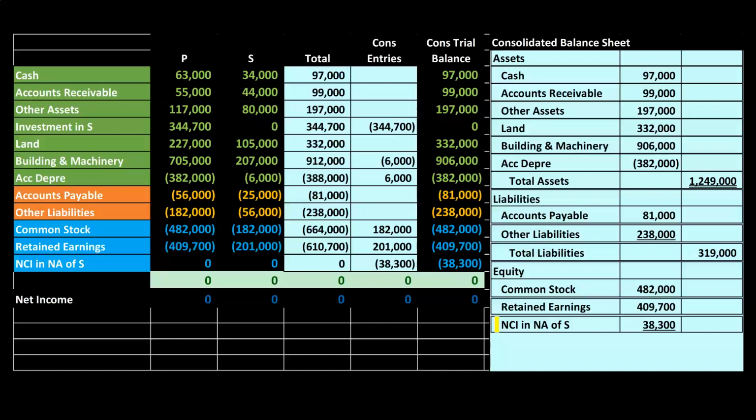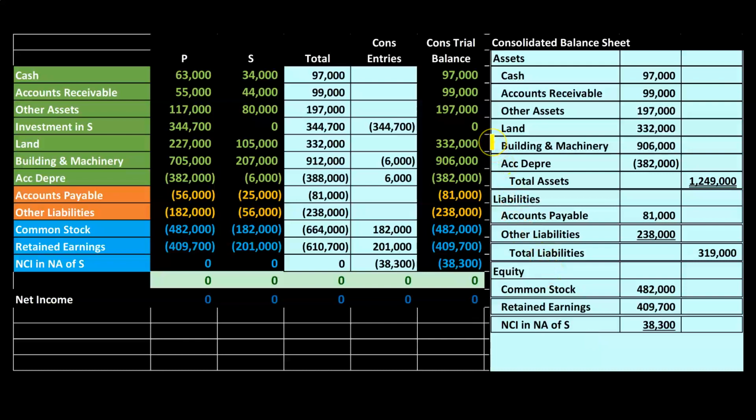So we're going to say, yeah, P has control over these assets and liabilities through the controlling interest. However, they don't have claim to the 38.3 of those assets and liabilities. So in other words, upon liquidation, the 38,300, that's one way to think of it, would be going to people other than the shareholders of P. They'd be going to the 10% shareholders of S, who have claim to that portion.